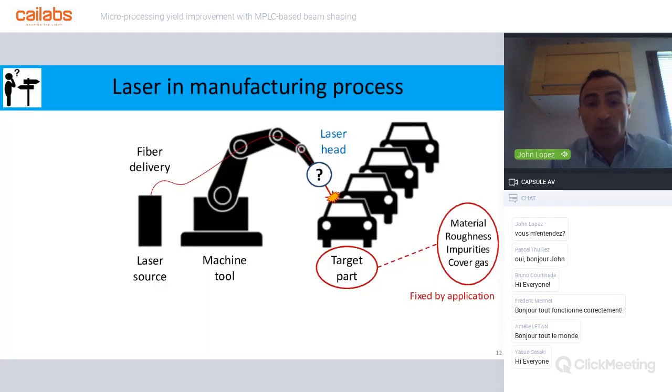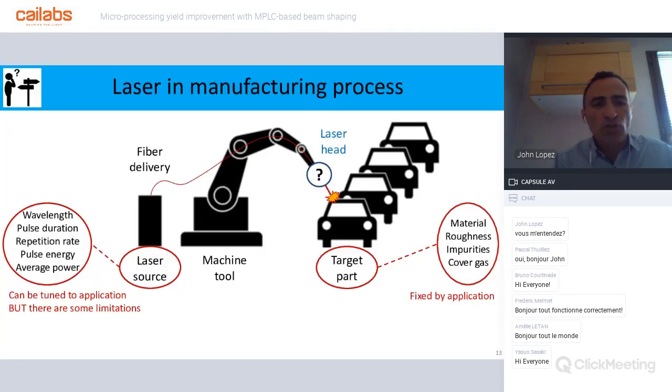There are several options. The first one is to play with the target parameters, such as the material itself, but also roughness and impurities that can change the absorption, and also the cover gas, the pressure of the cover gas, and the gas itself. But in general, these parameters are fixed by the application.